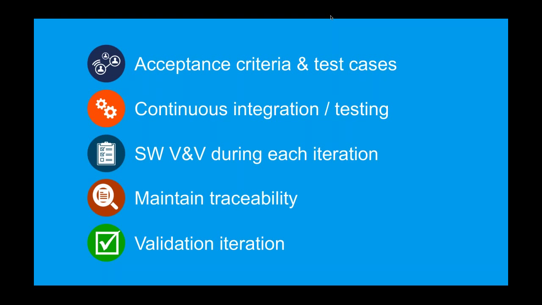Whenever possible, you should automate this process. And every few sprints, you will probably need a sprint dedicated only to verification and validation of the whole product, usually before you release something to market.